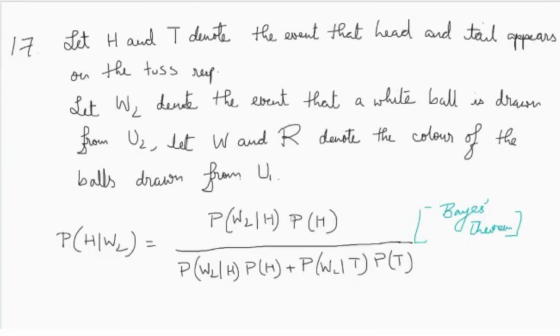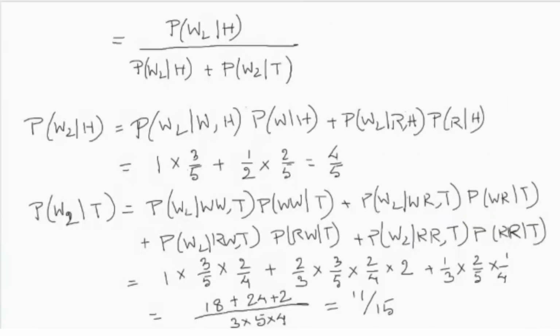From this, since probability head is equal to probability tail, as it is a fair coin, we can just cancel it out from numerator and denominator. So this is the expression we have with us. And now we have to compute these probabilities. Probability W2 given head is probability W2 given white comma head, that is, a white ball is drawn from urn 1 and head appears, into probability white given head, plus the same thing with the red ball. So I've simply substituted the probabilities.